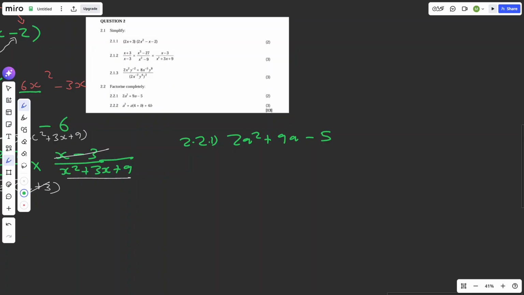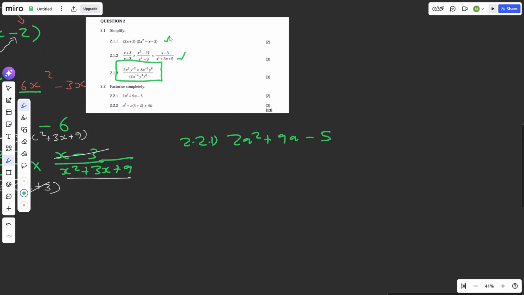Before I proceed, just note that I've done these two questions. This part here, I want to leave it to you guys. Attempt it and share your solution in the comment section. And I will provide the solution in the description, for you guys to compare it with yours.